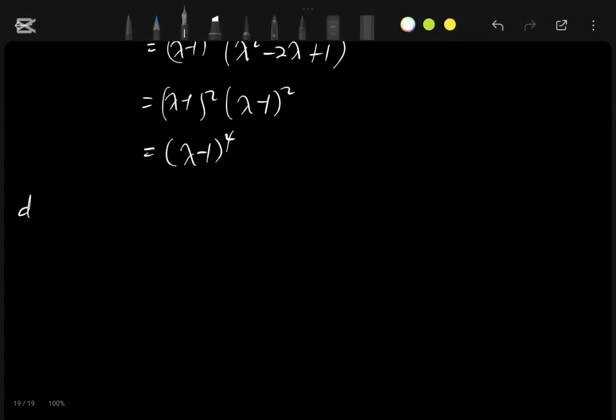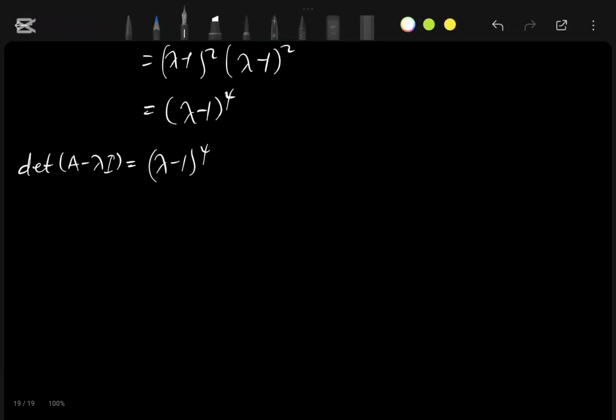So we have that the determinant of A minus lambda I is lambda minus 1 to the power 4. So if lambda minus 1 is equal to 0, it implies that lambda is equal to 1. And the multiplicity is 4.